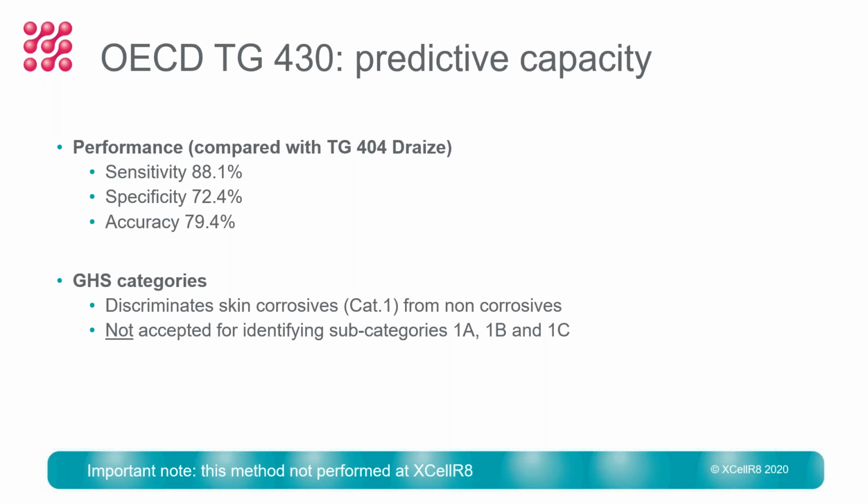In terms of the GHS categories, the test is able to discriminate skin corrosives, i.e. category 1, from non-corrosives, but it is not accepted for identifying any of the subcategories 1A, B or C. So in my view, this test is utilising animals, but it's not actually providing a scientific advantage in terms of subcategorization. Although I know there are instances where it's still used. Next slide, please.